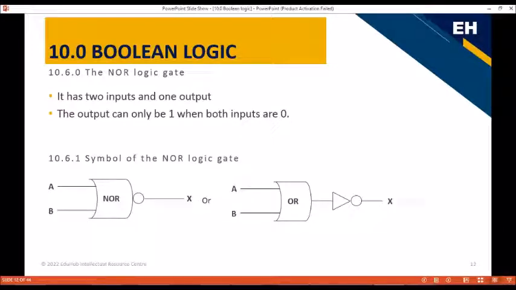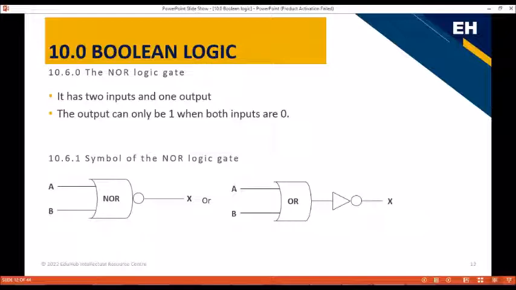In other words, the output can only be 0 when both inputs are 0. Otherwise, every other output should be 1.